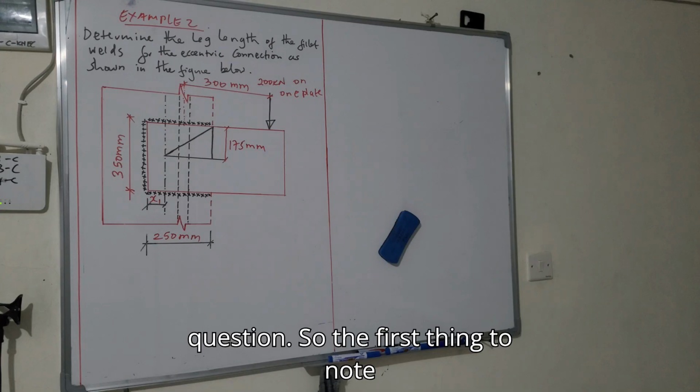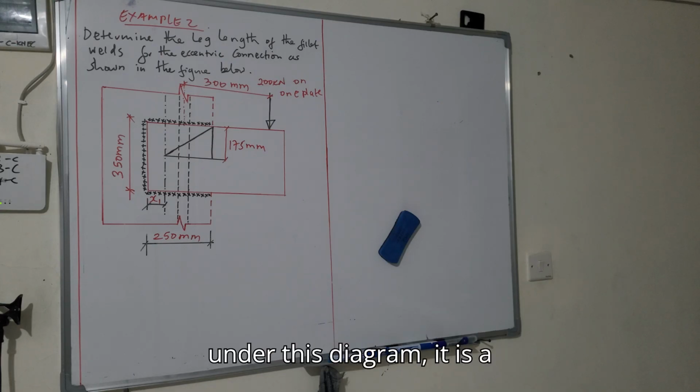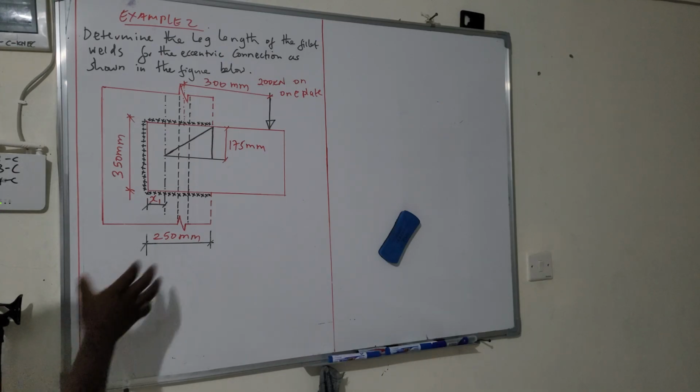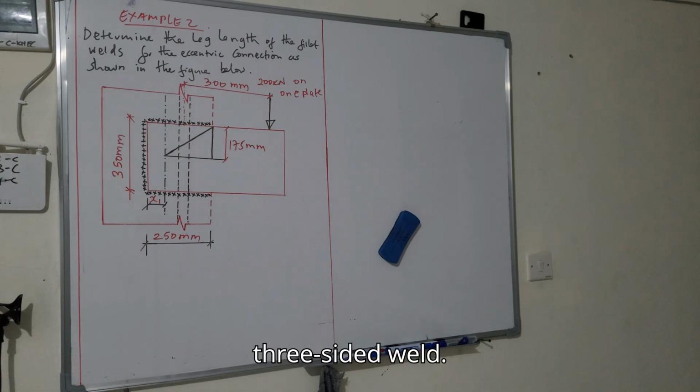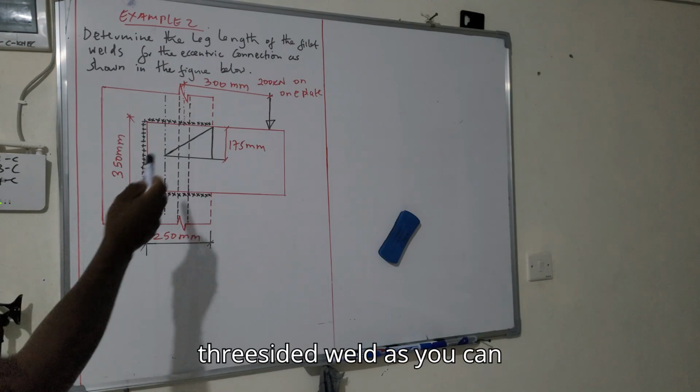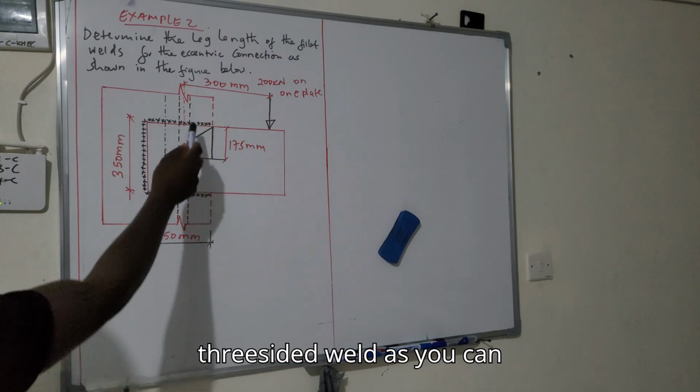The first thing to note under this diagram is that it is a three-sided weld. The other example we solved earlier had a four-sided weld, but this one is a three-sided weld, as you can see.